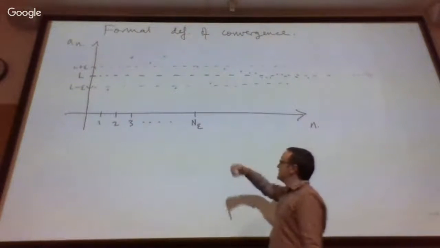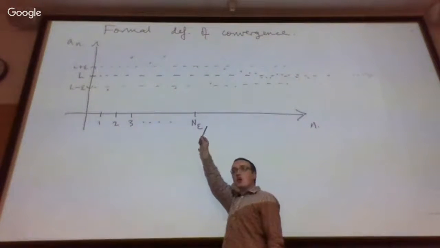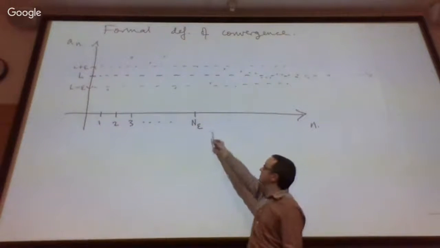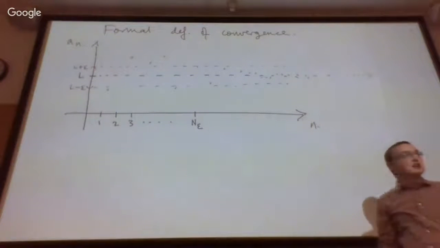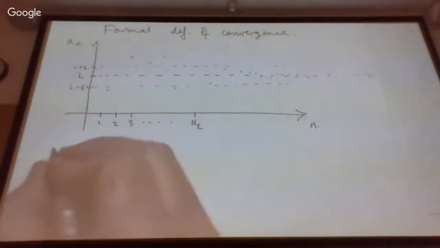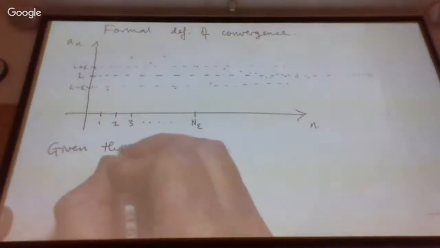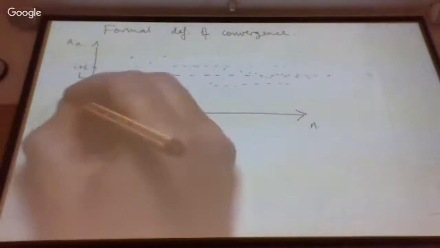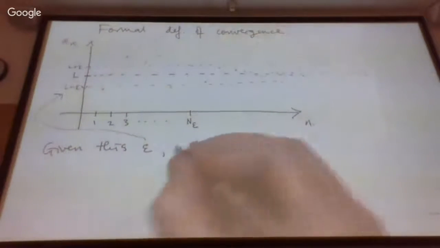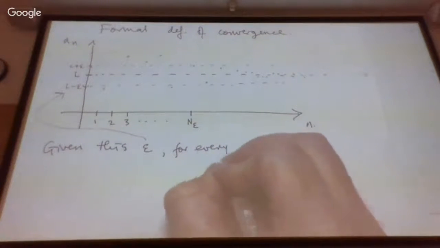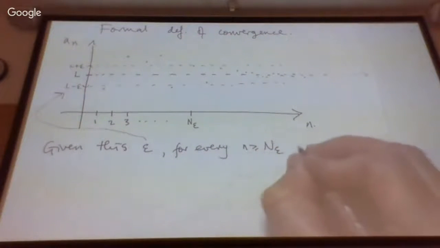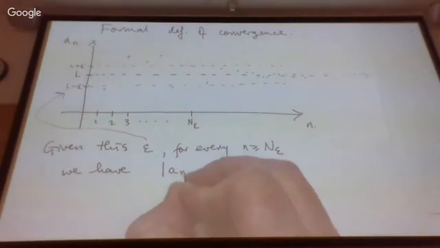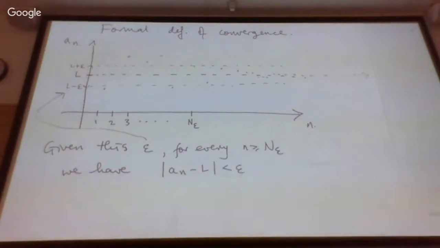As is illustrated here, from this point onwards, it's always true that the sequence elements are within this distance epsilon of L. So given this epsilon, this red one here, for every n bigger than or equal to N, we have the absolute value of a_n minus L is strictly less than epsilon.